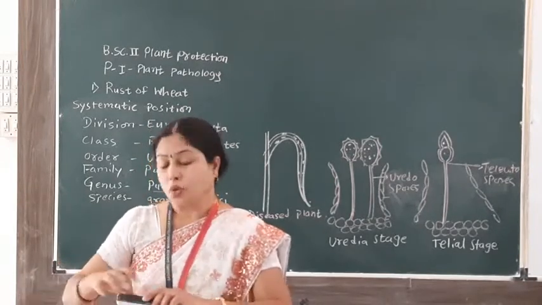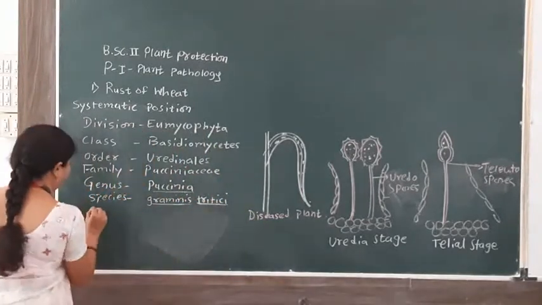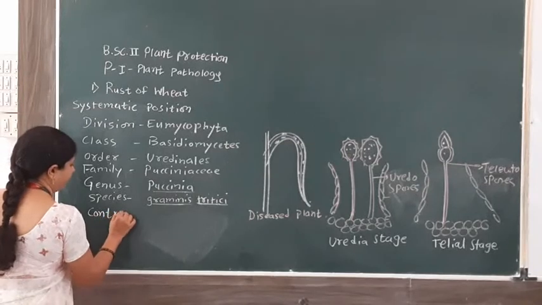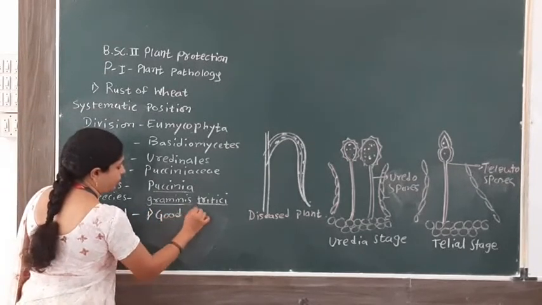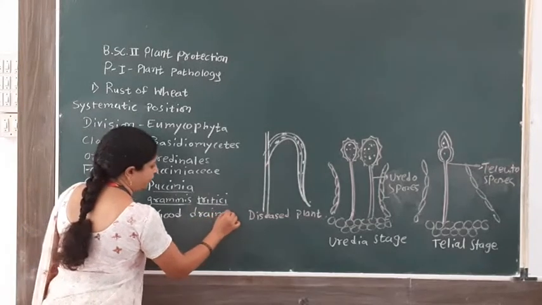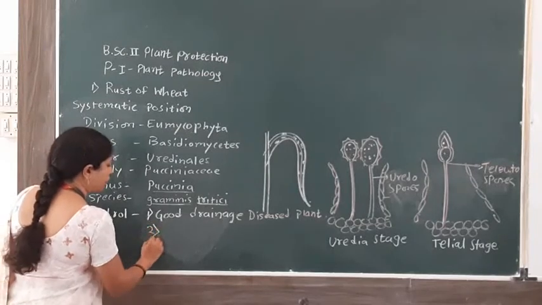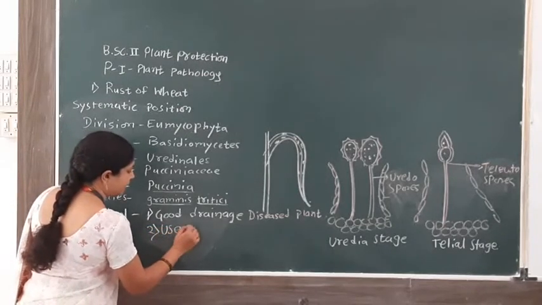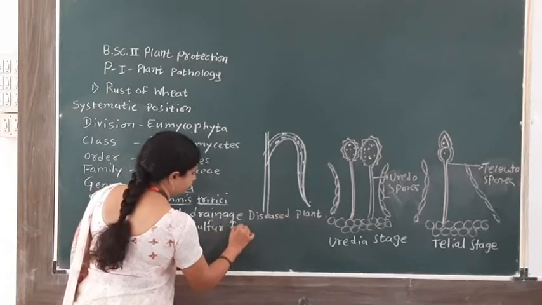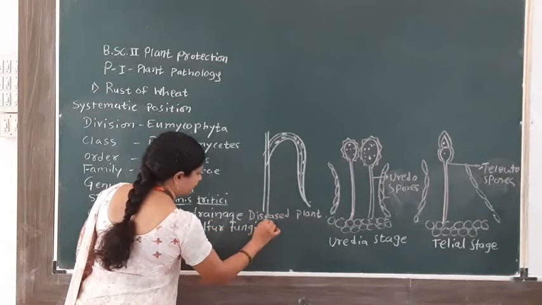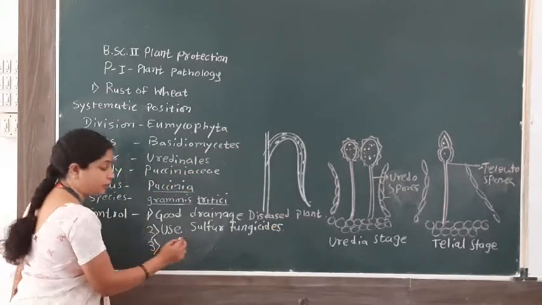First is good drainage, which means avoiding waterlogged conditions. Next, use of sulfur fungicides. Third, use of disease resistant varieties.